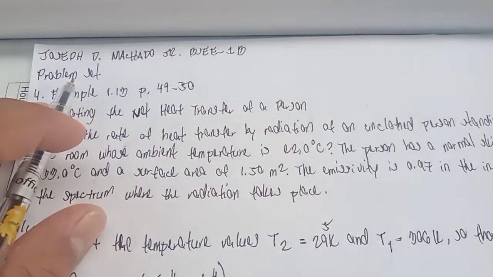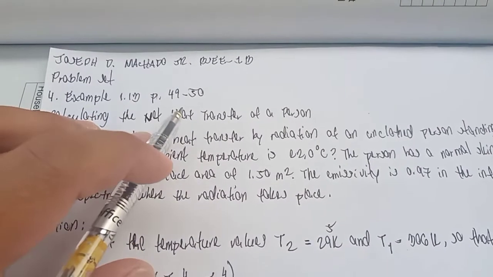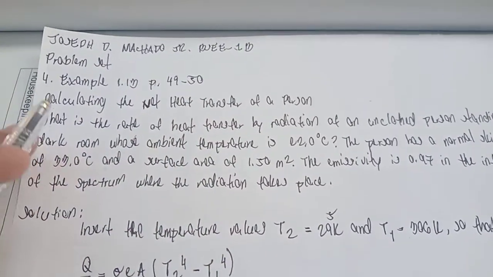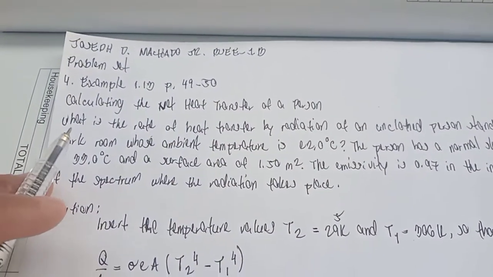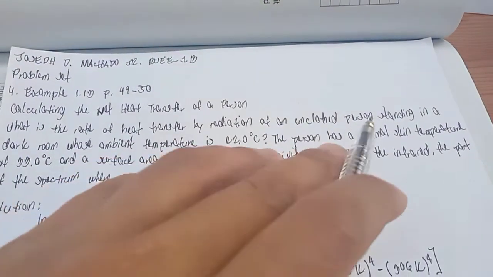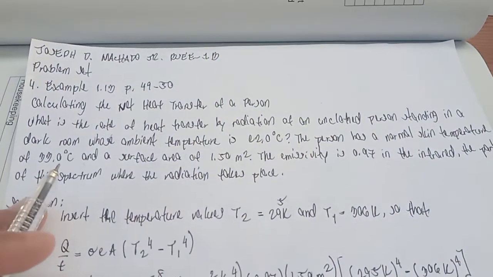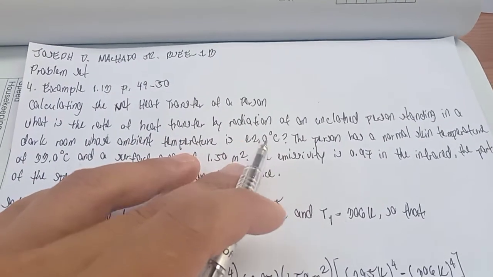Problem set number 4, example 1.13, page 49 to 50. Calculating the net heat transfer of a person. Question: what is the rate of heat transfer by radiation of an unclothed person standing in a dark room whose ambient temperature is 22.0 degrees Celsius?